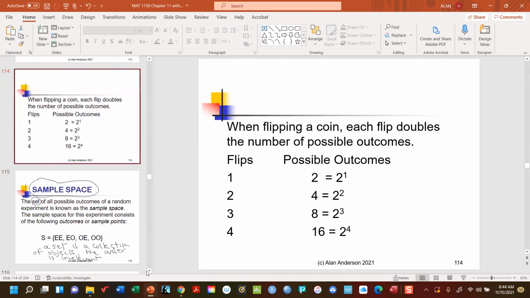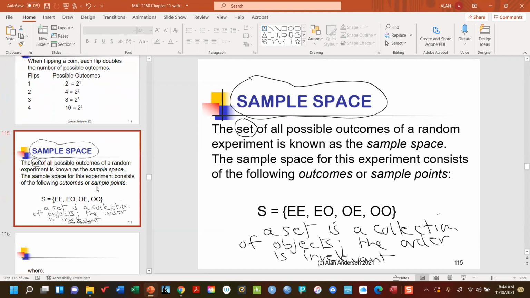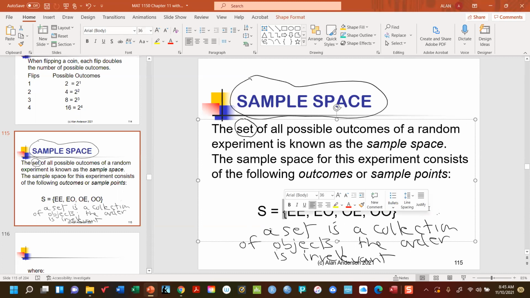Now, whenever we conduct an experiment, there's always going to be a group of different possible outcomes, as we've seen. We're going to gather them together into a very special type of set. This set is known as a sample space, and that simply defines for us all the different possible outcomes of our experiment. You can see how this is a set because it has these braces here.